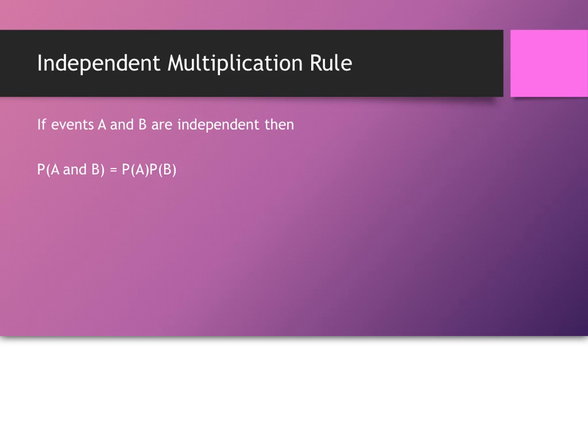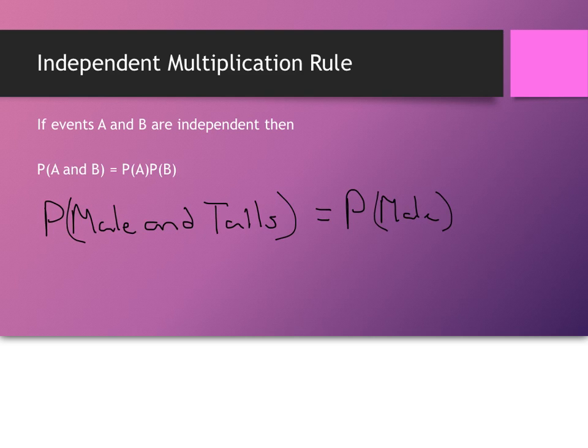Well, the probability of picking a male person and getting a tails on the coin flip is the same thing as taking your probability of being male and multiplying it times the probability of getting tails on the coin flip. So if the probability of being male is close to 50%, and the probability of getting tails is 50%, the probability of getting a male and flipping tails is 25%.